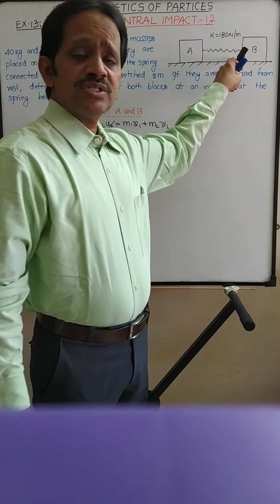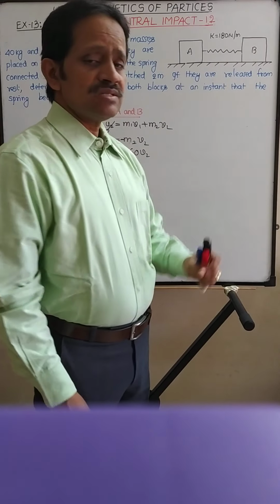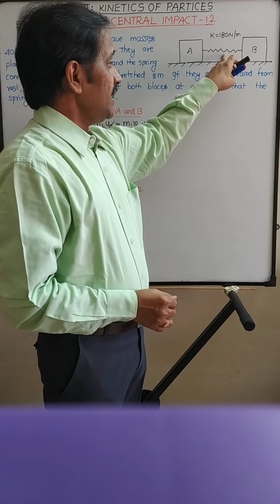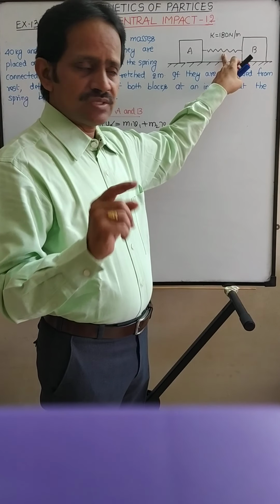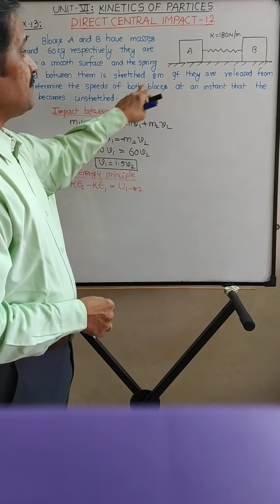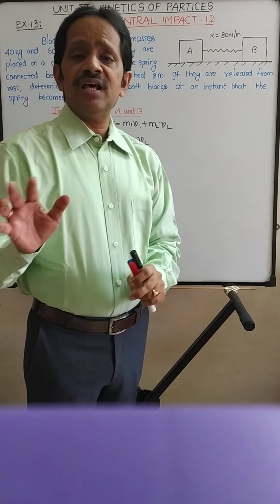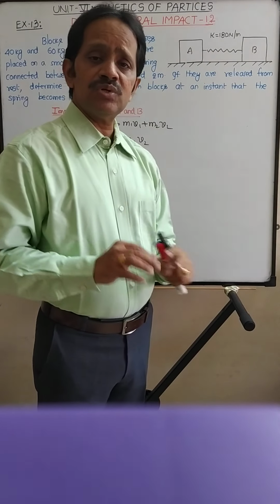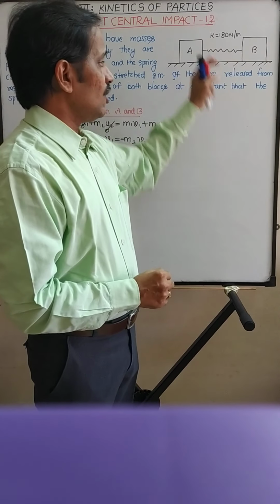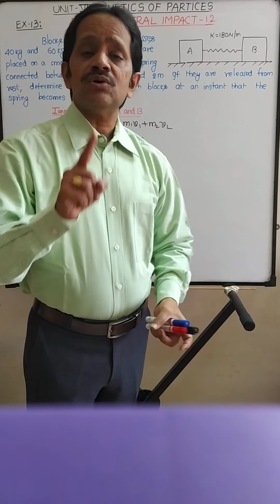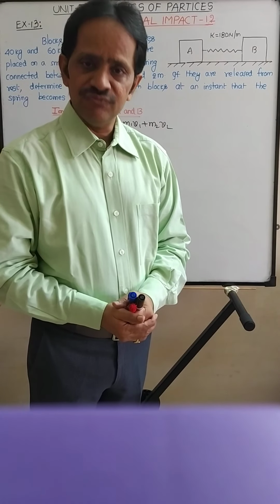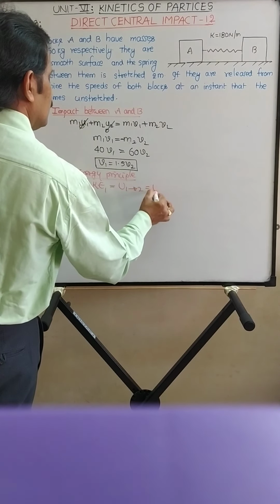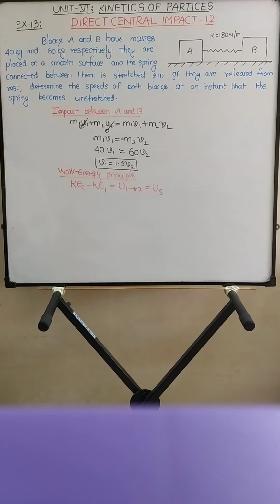Now, what are the forces doing work on these blocks when the blocks are moving? Only the work done by friction and spring force. Here, being it is kept on the smooth plane, the work done by friction is 0, and work done by the gravitational force is 0. The work done by normal reactions is 0. So only spring force is doing work, right? So this is equal to work done by spring force.